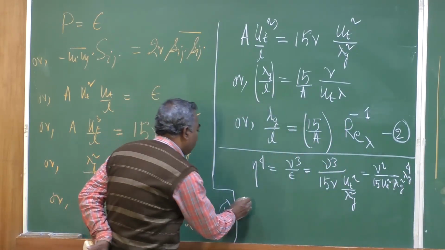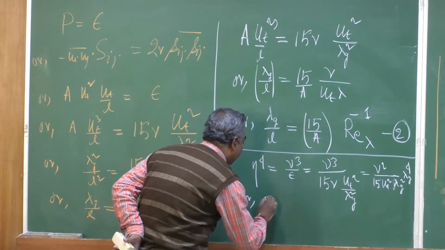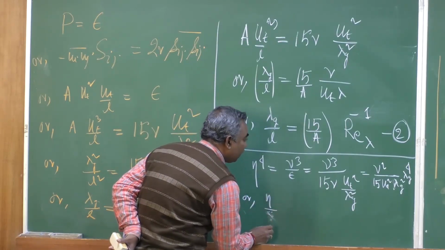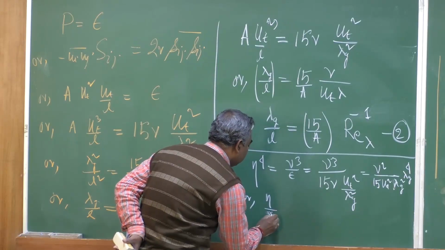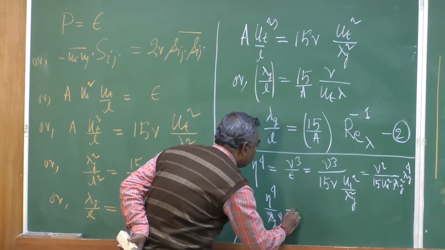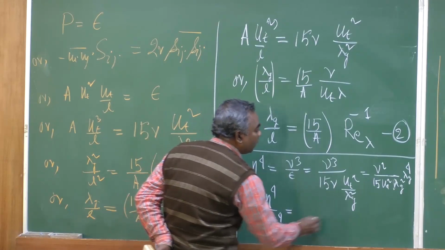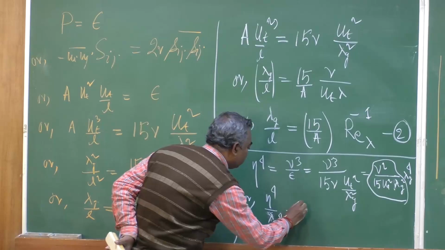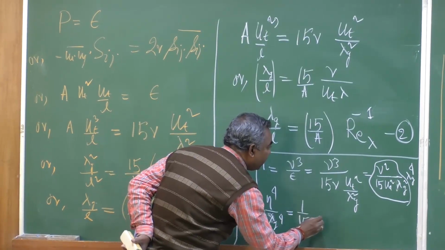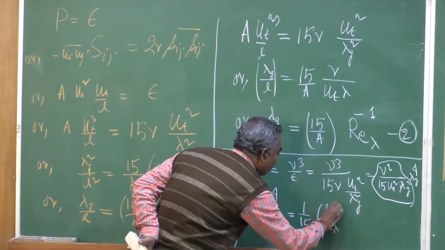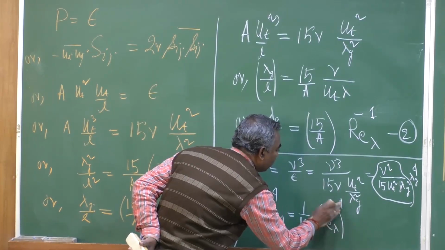Or I can write eta by lambda g to the power 4 equals this quantity, that is 1 by 15 and 1 by R e lambda square, right.